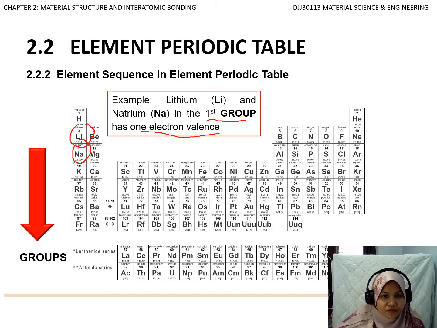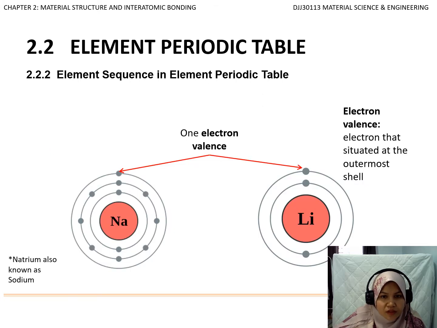Ini adalah electron valence lah. What is electron valence? Electron valence ni adalah electron that is situated at the outermost shell. Elektron yang berada pada shell yang paling luar. That is electron valence.